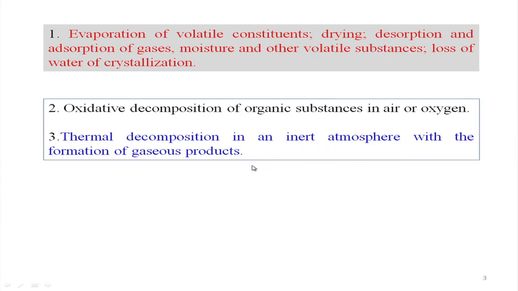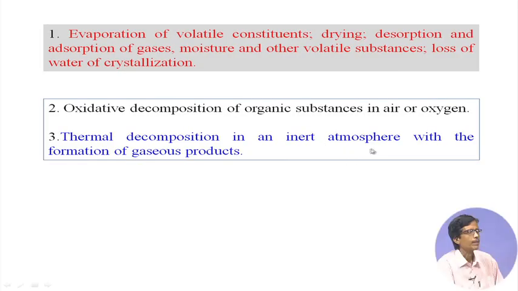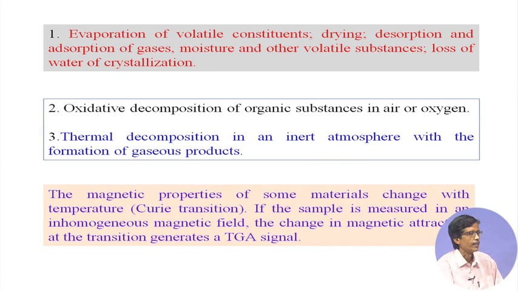Or if we find that some gaseous product is being eliminated, like from a carbonate material, we can immediately conclude that the sample has some carbonate salt and that carbonate is giving rise to carbon monoxide as well as carbon dioxide.